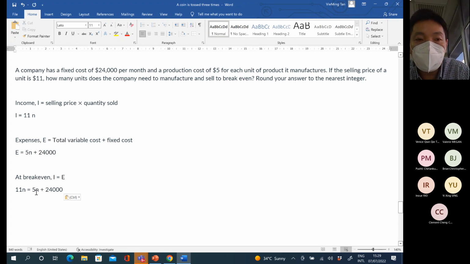Then you can transpose the formula, move all the n to one side. So I'll move this 5n to the left-hand side. Then simplify, this is 6n.